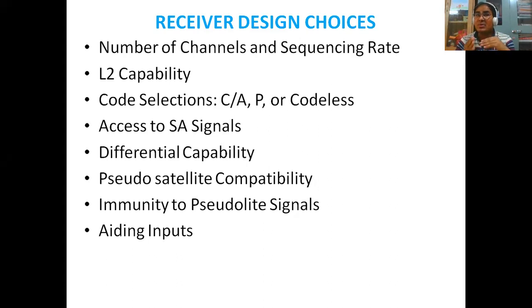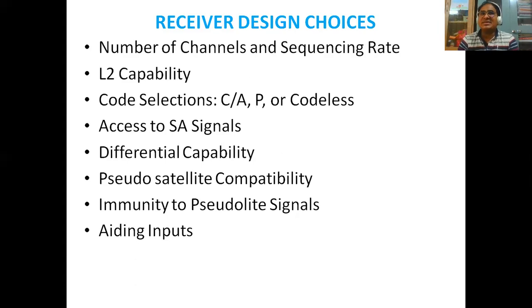Then a receiver must have a differential capability, in the name of differential GPS, because that is to augment the GPS process. Next, a receiver must have pseudo satellite compatibility, and it must have immunity to the pseudolite signals, and it should be able to accept some external aiding inputs.